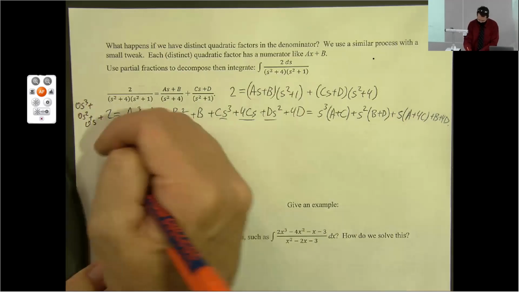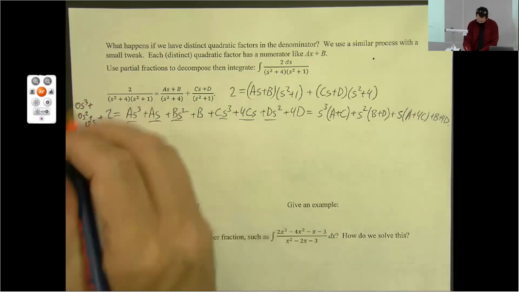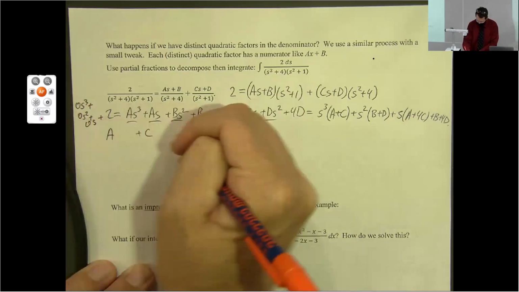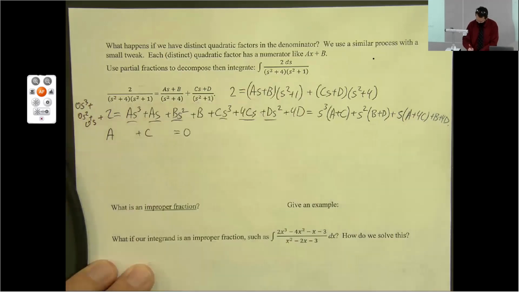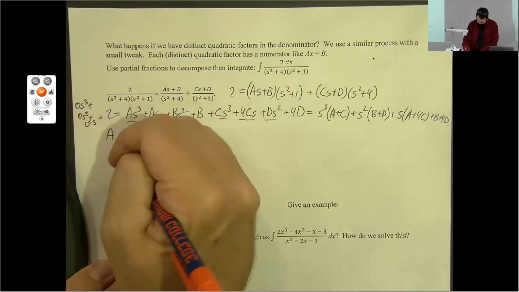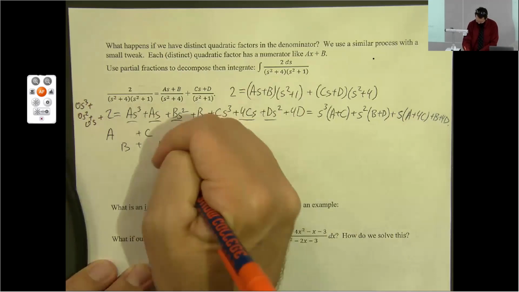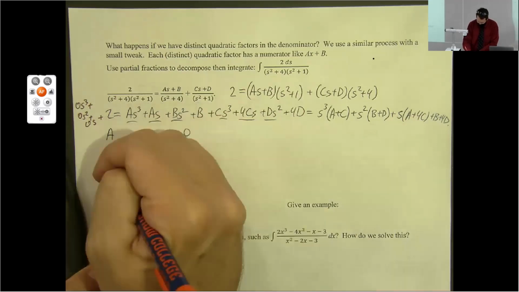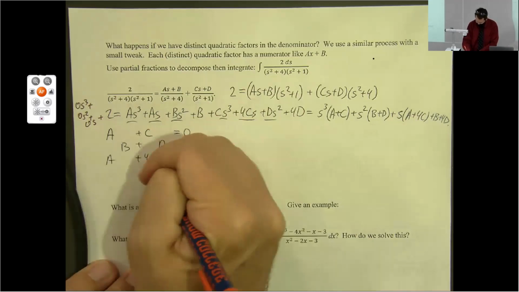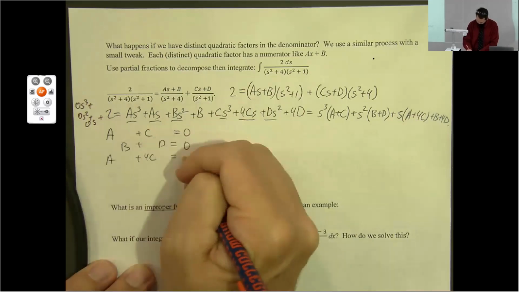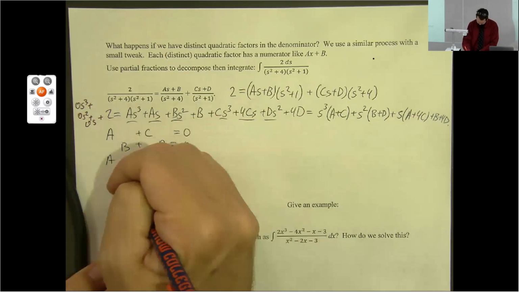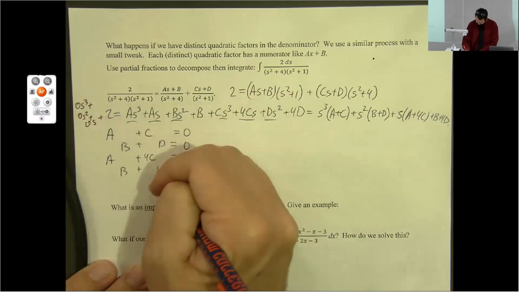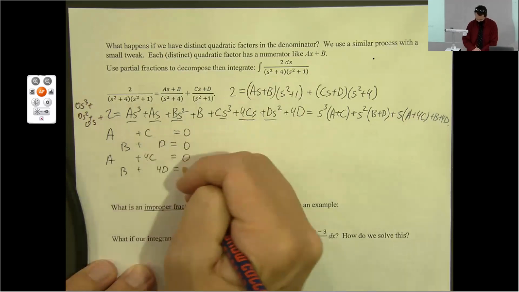So literally that tells us that a plus c equals 0. B plus D equals 0. A plus 4C equals 0. And B plus 4D equals 2.